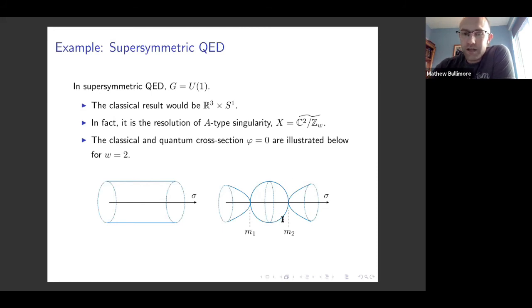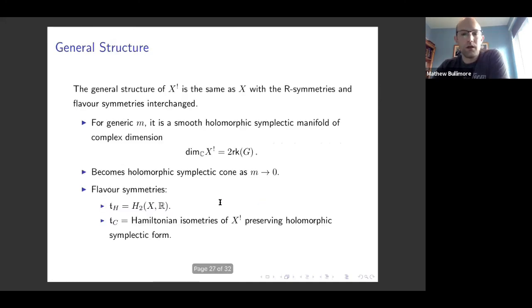And indeed, you can see here that if I take the masses to 0, this P1 is shrinking, and I get the singular space in that limit. Okay. So again, let me just emphasize that the general structure of X is essentially the same as the Higgs branch, with all of the labels exchanged.